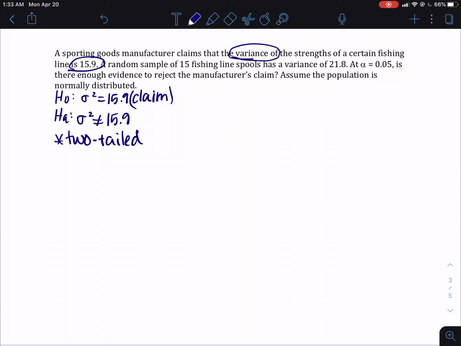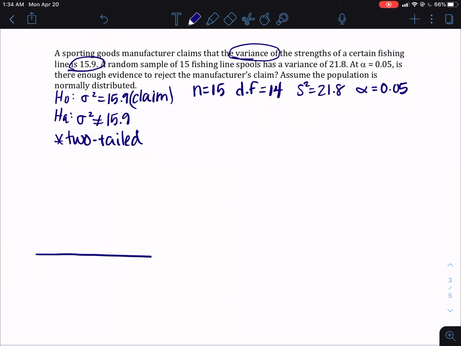All right, our random sample is 15, which means our degrees of freedom is 14. And our sample has a sample variance of 21.8, and we're looking at when alpha is 0.05.